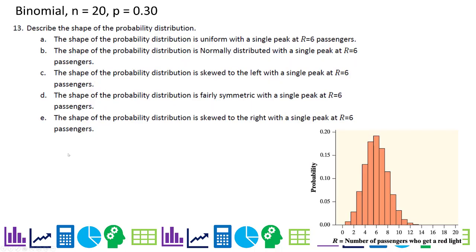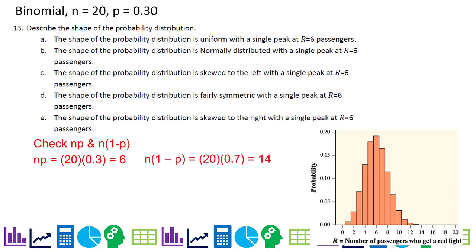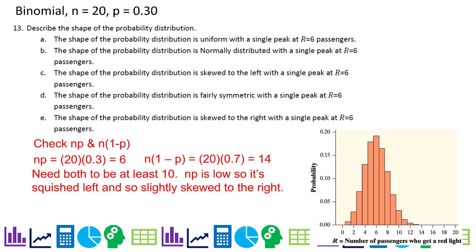All right, now we're going to describe the shape of the probability distribution. My natural tendency is to check if I can use a normal distribution for it, with NP and N times 1 minus P. Checking those conditions, NP is 6 and N times 1 minus P is 14. We need both to be at least 10. NP is low, so that means it is slightly skewed to the right.